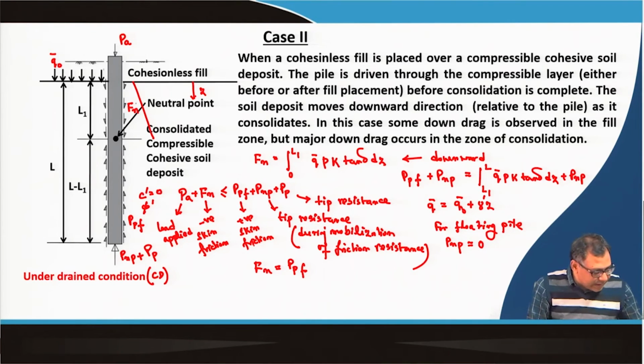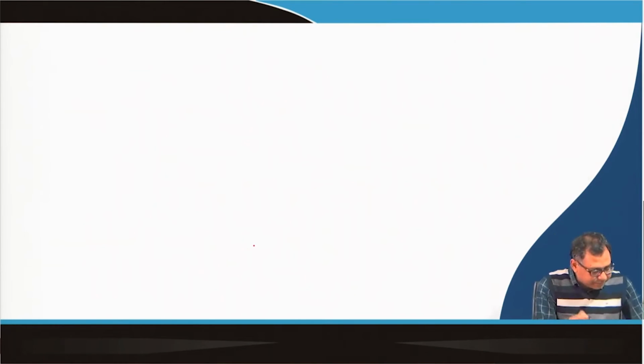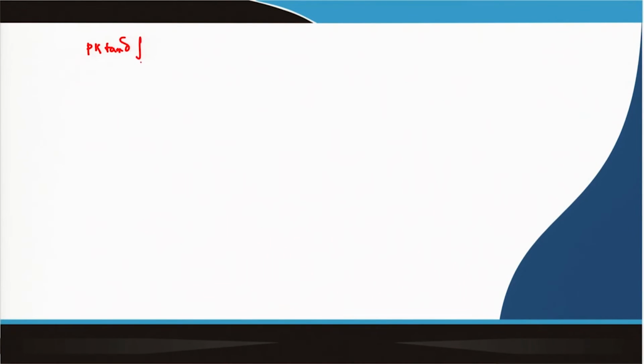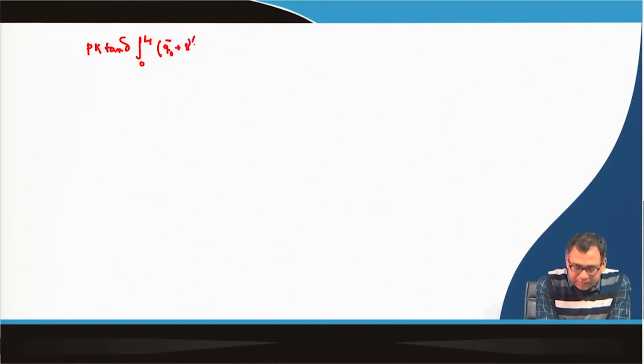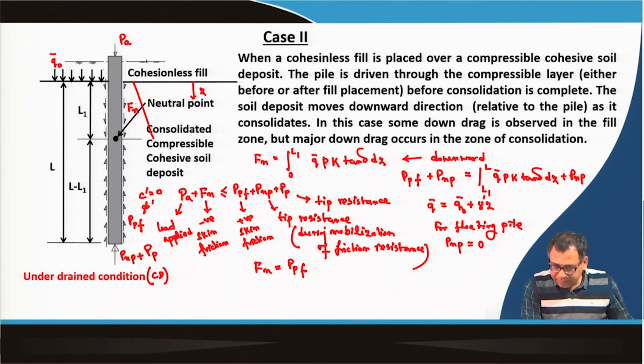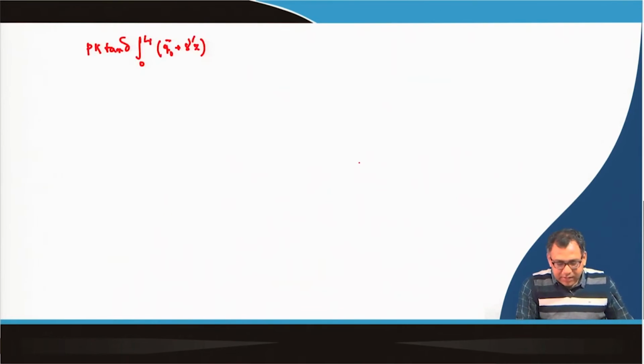So, if I write that Fn is equal to PPF, and take Pk tan delta outside, this will be 0 to L1, and there will be Q0 bar plus gamma dash z dz, because this is the expression for Q bar: Q0 bar plus gamma dash z.